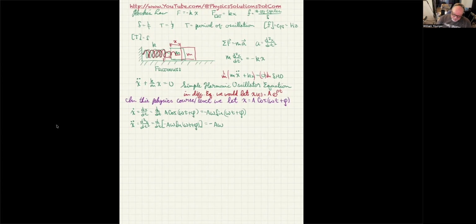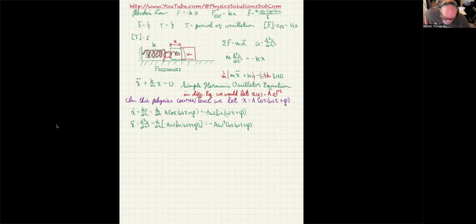Those are all the constants I just pulled in front. Now I'm going to take the derivative of sine omega t plus phi with respect to t. And of course, the derivative of sine is cosine. So I'm going to write cosine, and I just write down the argument that cosine had, which is omega t plus phi. But now I've got to take the derivative of omega t plus phi with respect to time, which gives me another omega. So this becomes negative A omega squared cosine omega t plus phi.